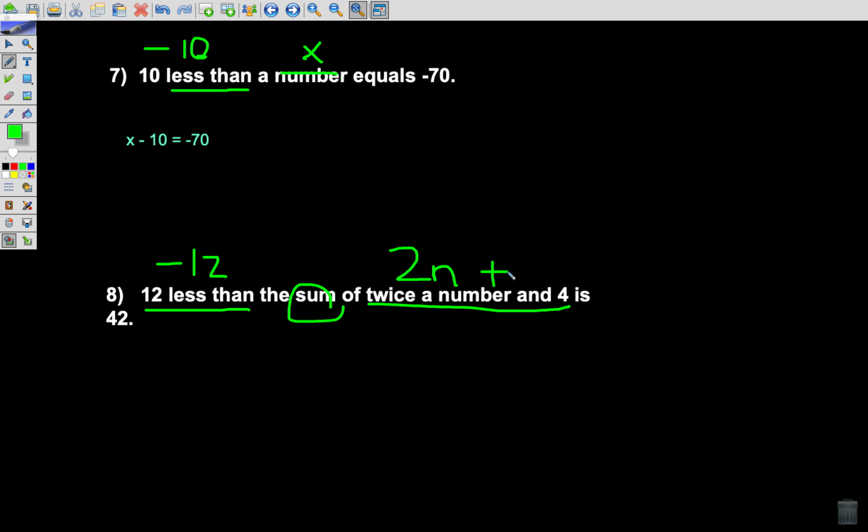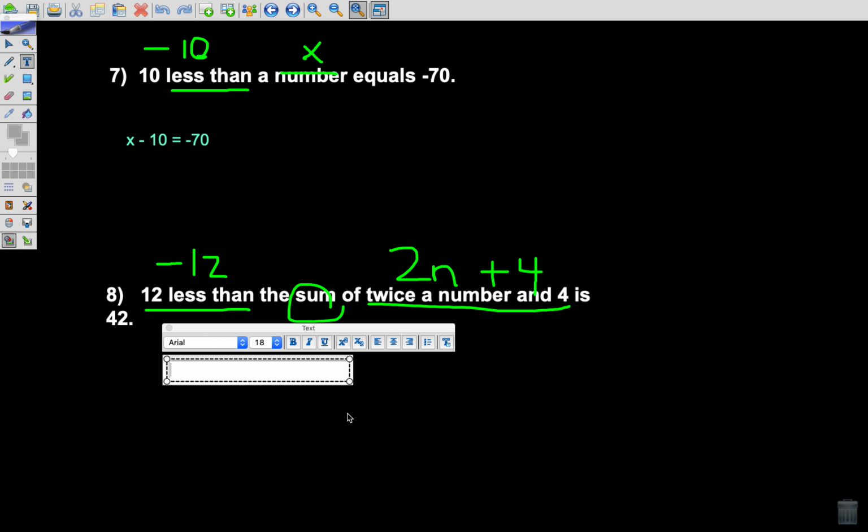And 4, that's my sum. So I've got twice a number, 2n, plus 4, that's my sum. What am I doing? I'm taking 12 away from that whole sum. So we're going to take that entire sum and put it in parentheses, 2n plus 4, and we're going to take 12 away from it, and it is 42, so it equals 42.